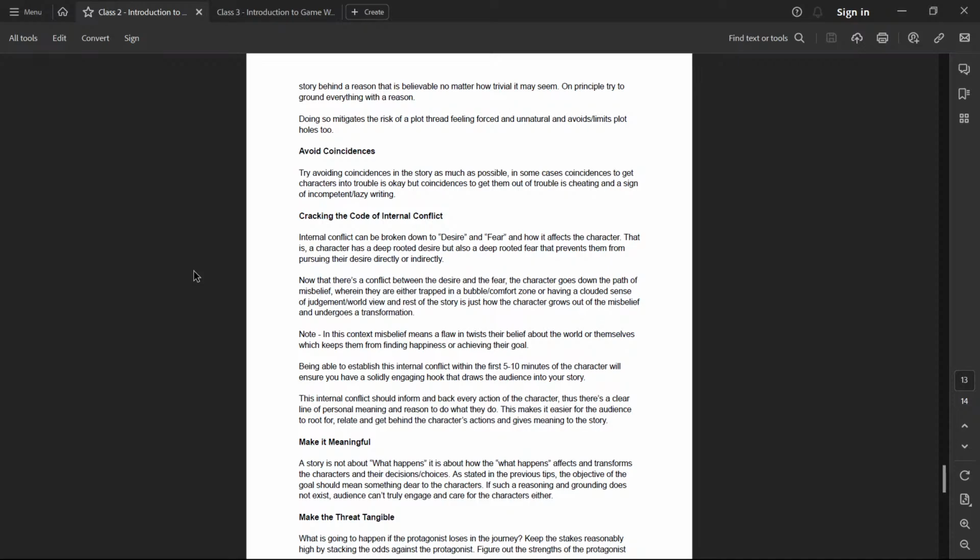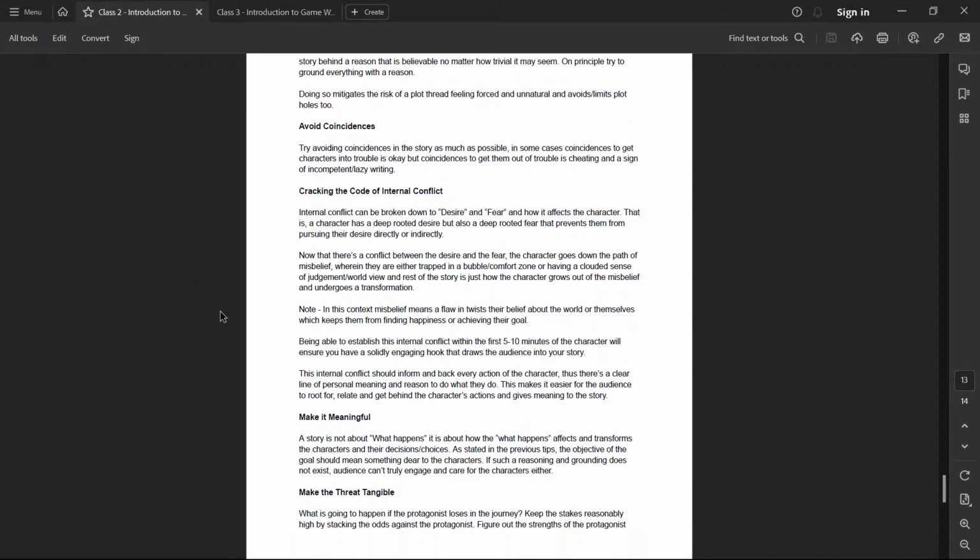Suppose the character fights the demon boss, and then suddenly from the sky a sword falls, the most overpowered sword in the entire world, and the character just uses it and defeats the king in one shot. That would just be lazy writing or incompetent writing. But yeah, avoiding coincidences is important.